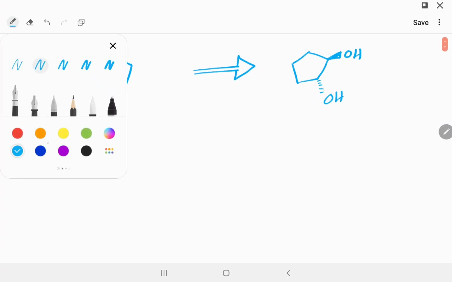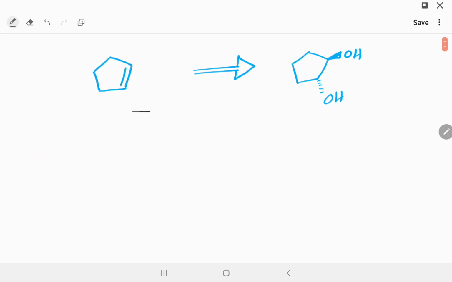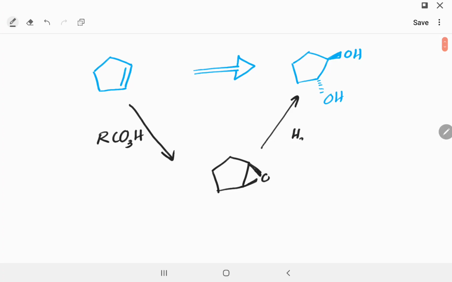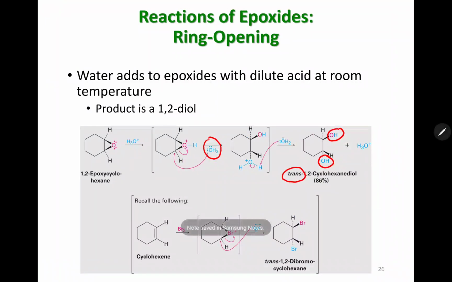So the first reaction will basically involve the preparation of an epoxide. So you will first generate an epoxide. How do you get this epoxide? You can use a peroxy acid, RCO3H. And then once you have the epoxide, you can use a dilute acid in order to obtain a trans 1,2 diol. Very straightforward.